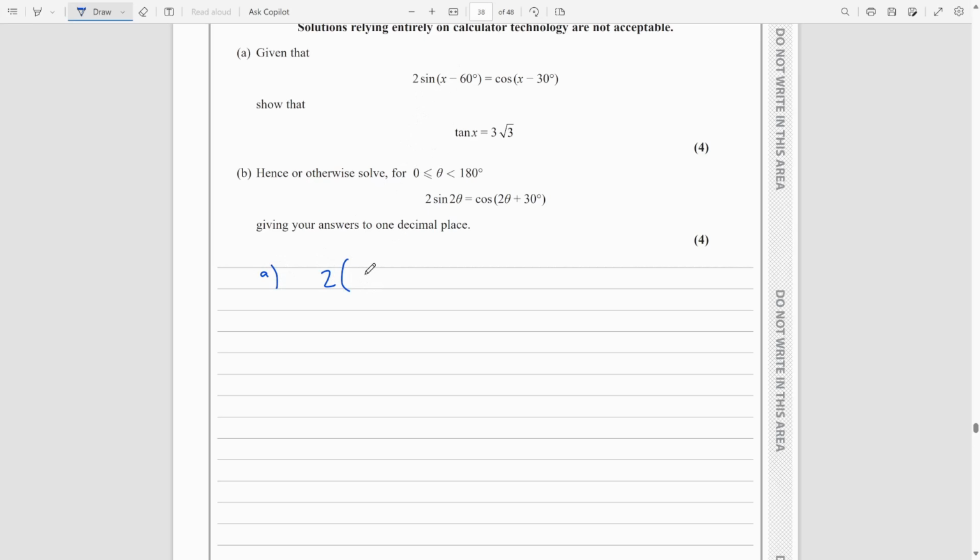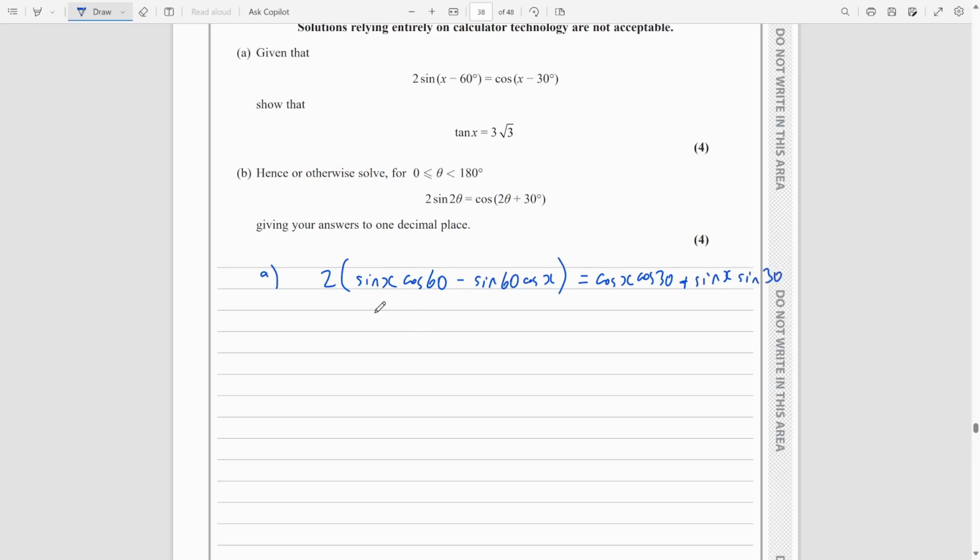Well, sin(x plus 60) is sin x cos 60 minus sin 60 cos x.